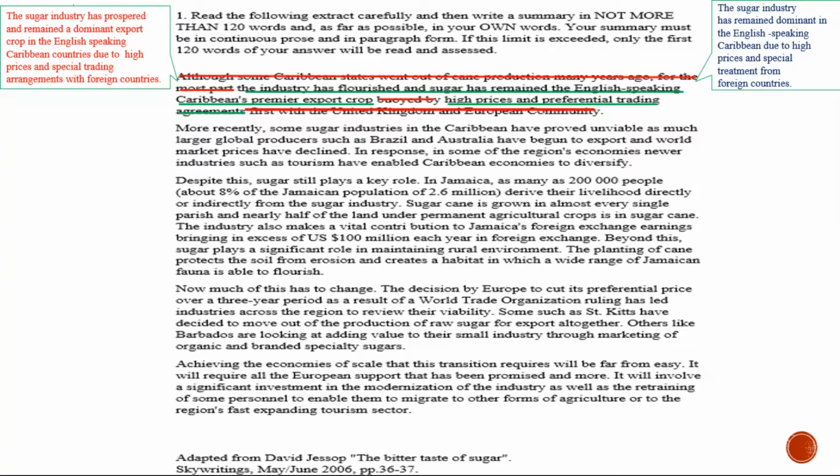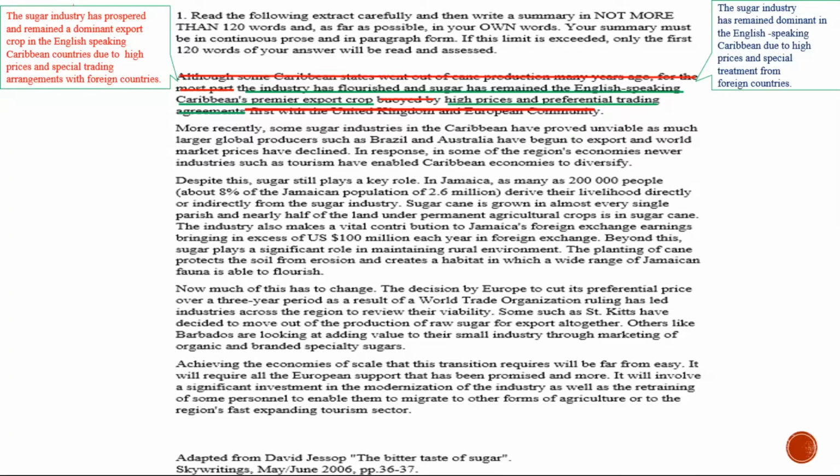The word flourished has been replaced with the word prospered. The word premier has been replaced with dominant, and this was kept in both the paraphrased version and the summarized version of paragraph 1. So notice please that your vocabulary is important. You need to build on your vocabulary so that you can do well in summary writing. If your vocabulary is weak, you are going to have difficulties.